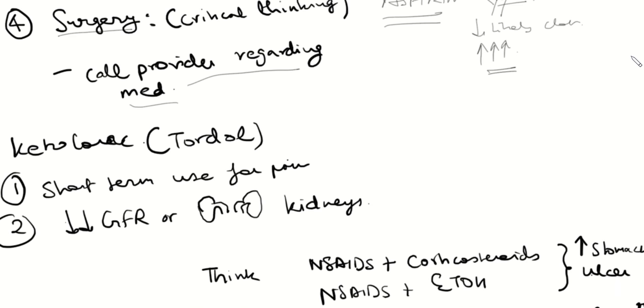Okay. Toradol. Remember ketorolac? This is another of the non-specific, sorry, COX-1 inhibitor, right? Which is a non-steroidal anti-inflammatory drug. COX-1 inhibitor. Again, with Toradol, the big issue is what?